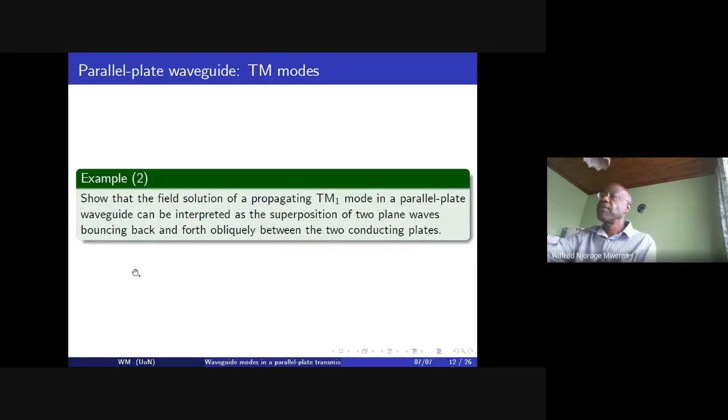That is, we can always use TEM modes, that is plane waves, that approach the conducting surfaces at an oblique angle, so that they keep on getting reflected back and forth from the top plate to the bottom plate and so forth. So the plane wave will be traveling zigzag between the plates.